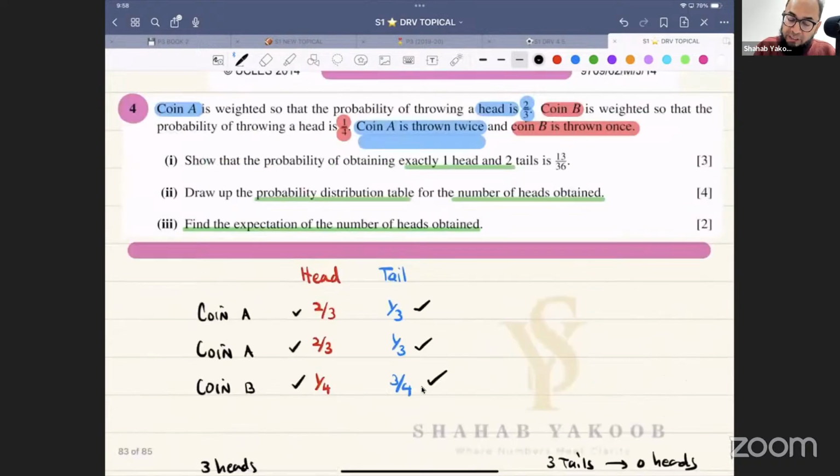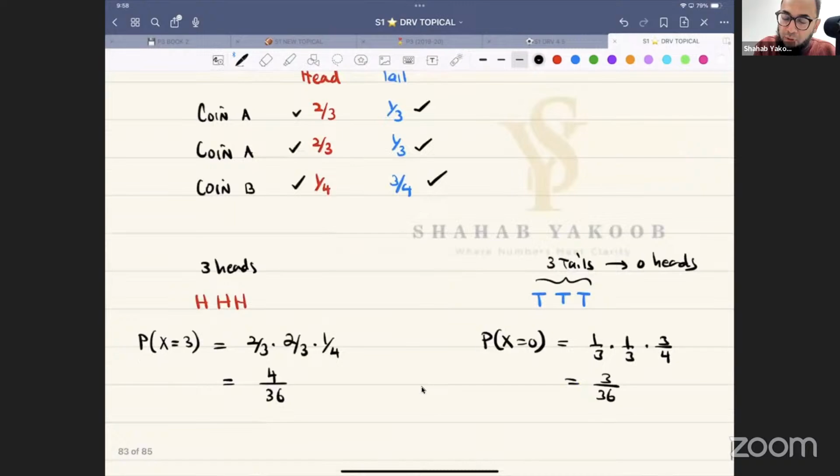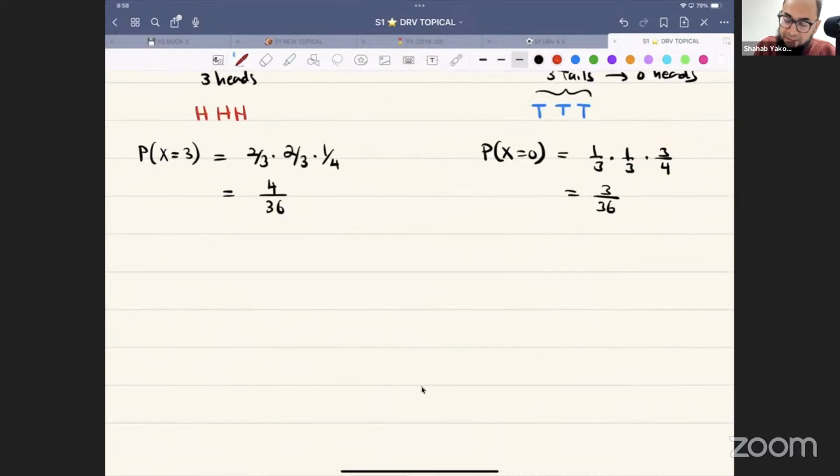Now let's focus on this one: 1 head and 2 tails. There are 3 options, and you are getting it. What exactly am I hinting at?